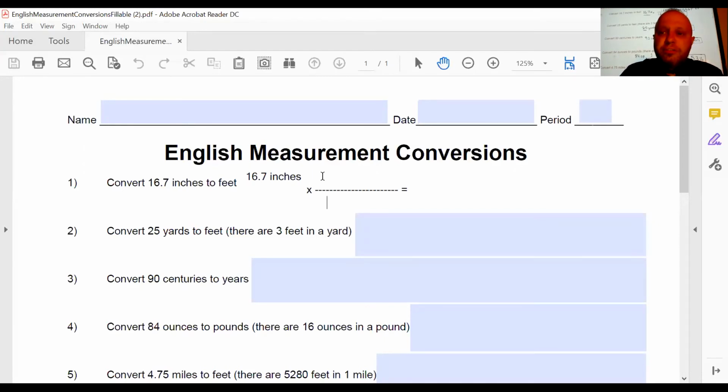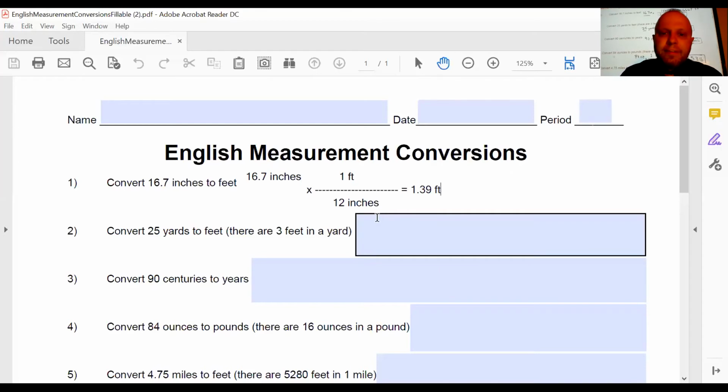Then I'm going to use my conversion factor, as you can see behind me: 1 foot is equal to 12 inches. So I'm going to type in 1 foot up here, then jump down here and type in 12 inches. You might have to use the space bar to move your answer back and forth. And then finally, I'm going to type in my final answer of 1.39 feet.